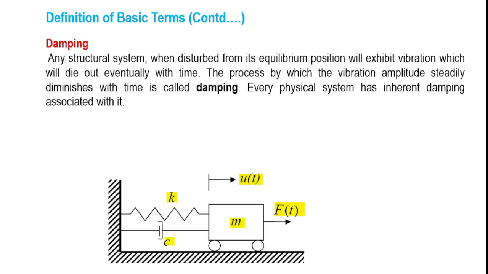And this property is known as damping. Or in other words, damping is an inherent property of any physical system by which the vibration amplitude will steadily diminish with time.